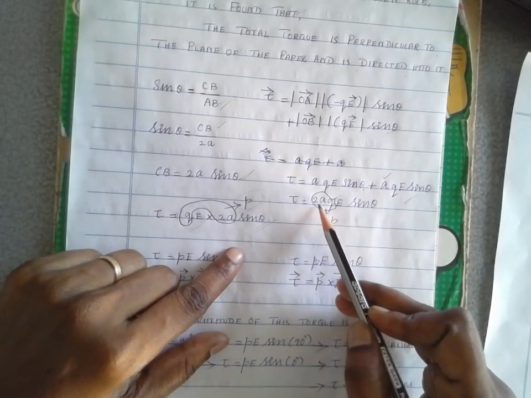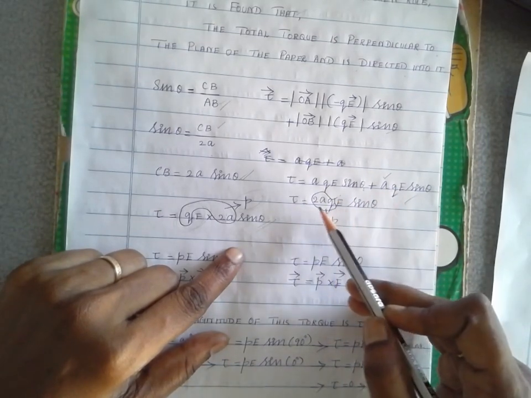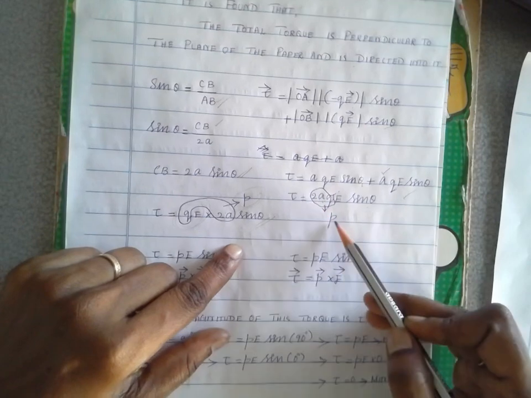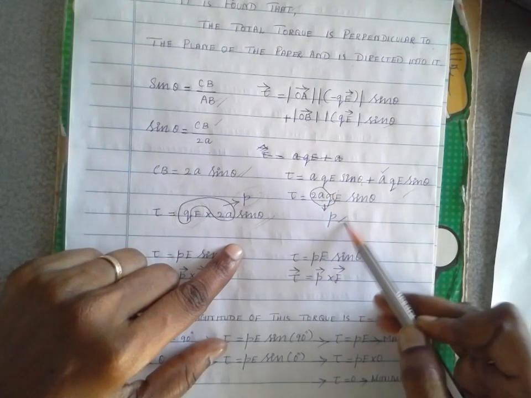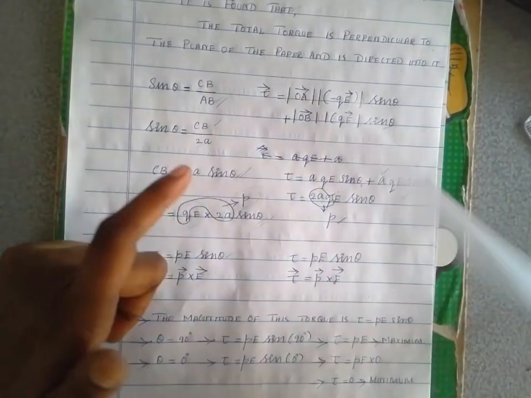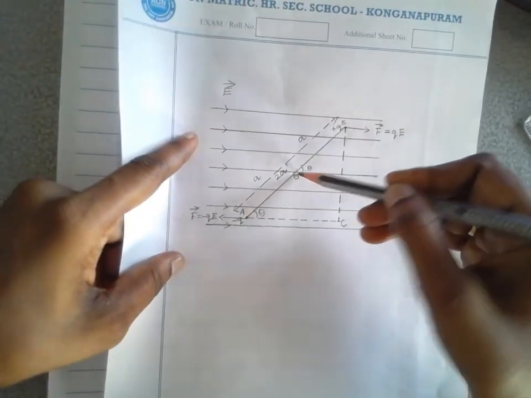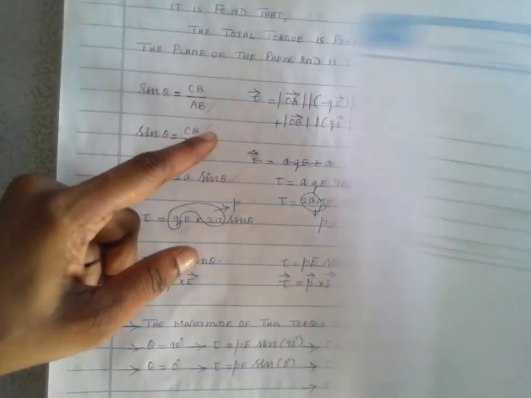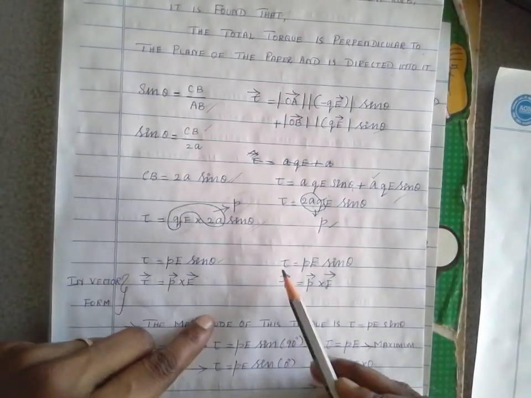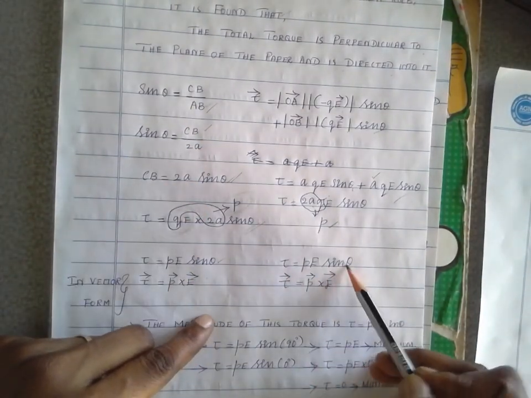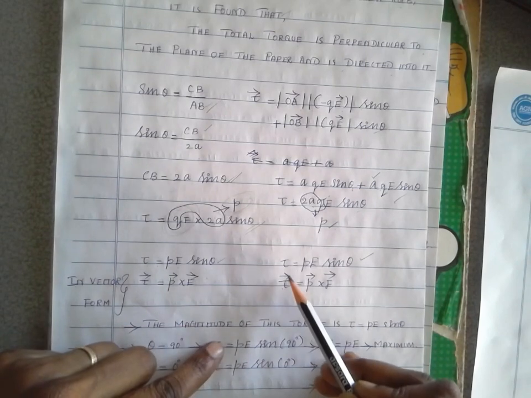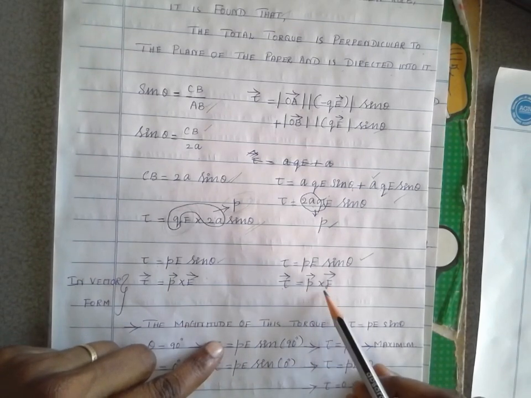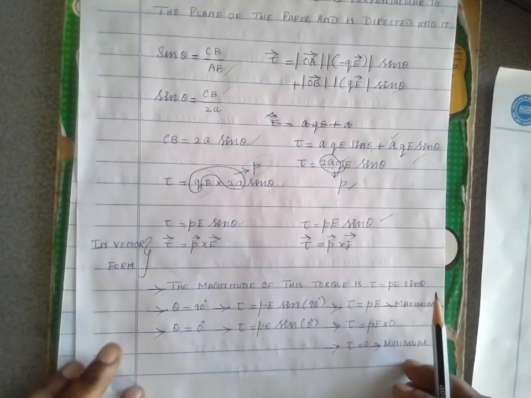So 2aqE sin theta, where 2aq represents the dipole moment of this electric dipole kept in this uniform electric field. Therefore tau is equal to pE sin theta. In vector form, tau vector is equal to p vector cross E vector.